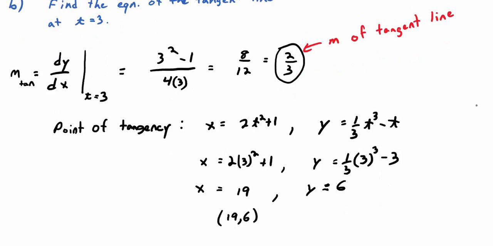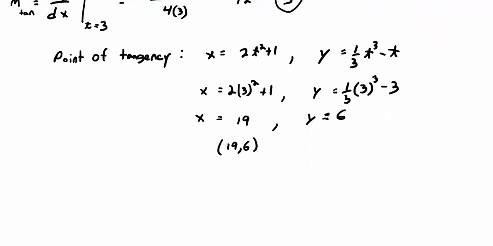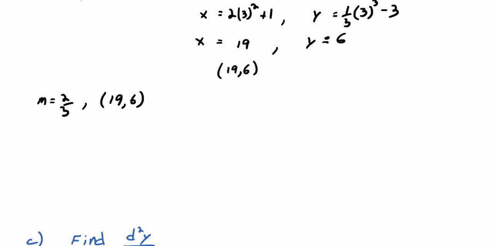So we've got a slope of 2/3 and a point (19, 6). Now it is an algebra problem, right? To find the equation of that tangent line. So I recommend this equation. Remember this equation, y minus y1 equals m times x minus x1?